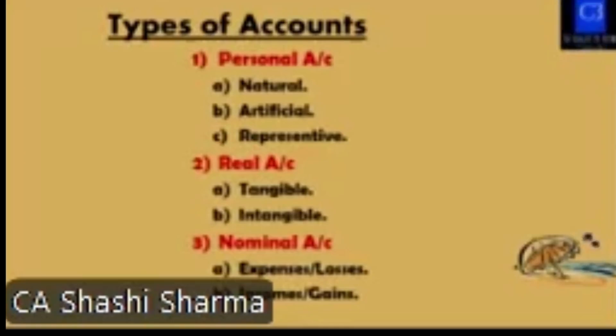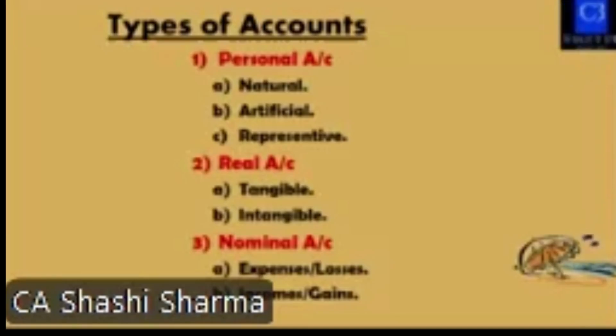The personal account is again subdivided into three types: natural, artificial, and representative. Similarly, real account is sub-classified into tangible and intangible real account. Nominal account is also sub-classified into two categories: expenses and losses, and income and gain.